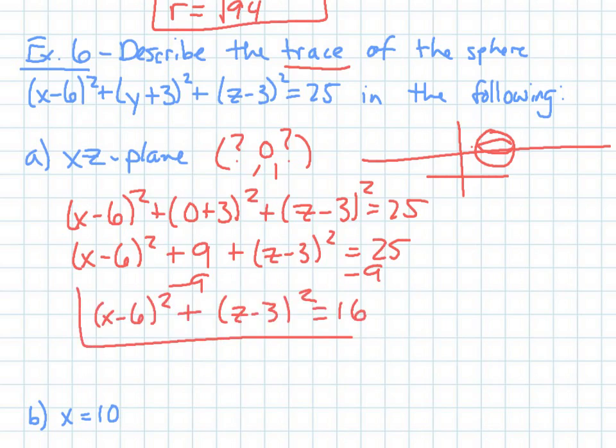So this is my equation for my trace, or my circle. Now my center is going to be 6, comma, 0, comma, 3, since we're still in 3D. And my radius is now 4 for that part of the circle.